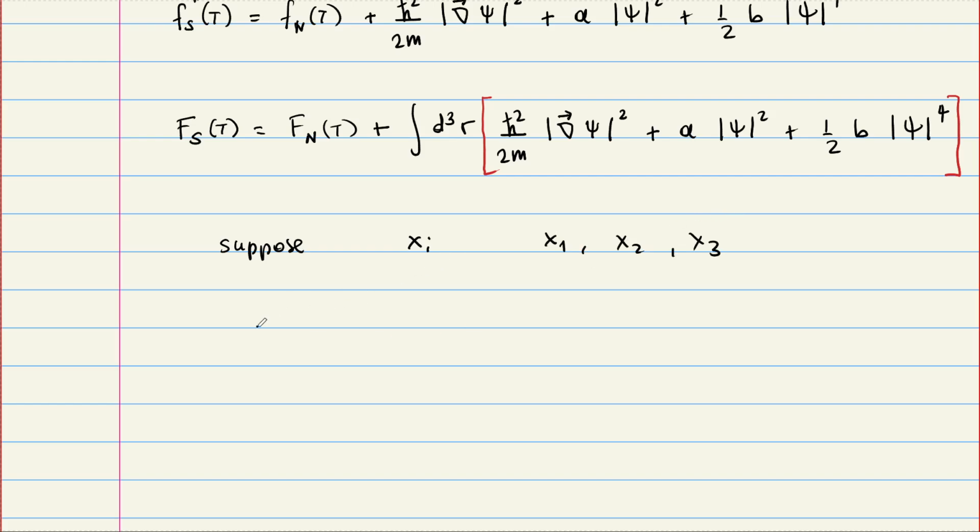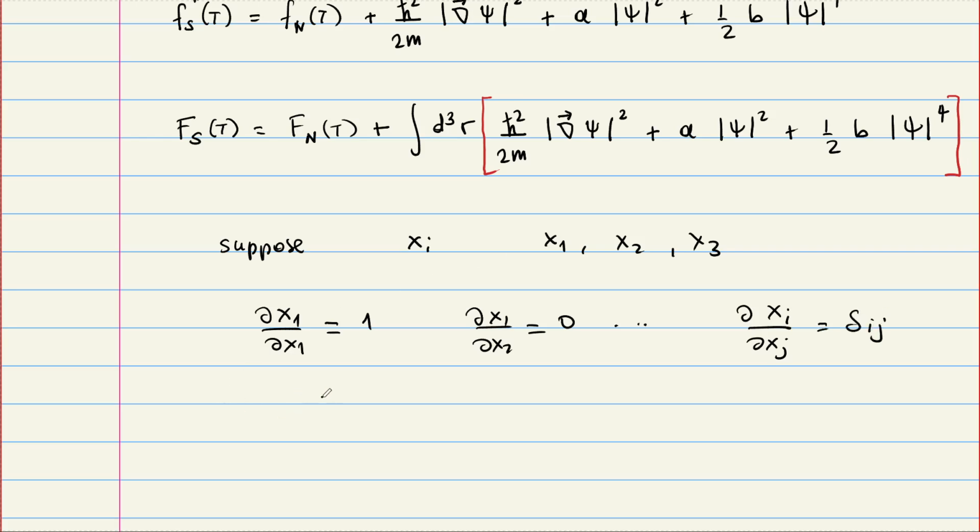For example, ∂x1/∂x1, what is that? This is 1. ∂x1/∂x2, what is that? This is 0, they are independent. Similarly, I can just do ∂x_i/∂x_j is delta_ij.